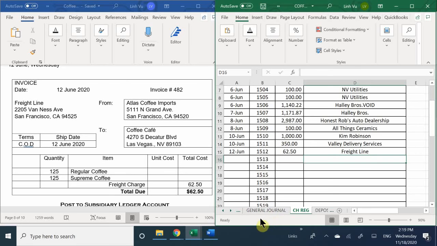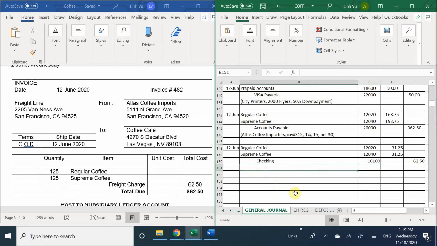Okay, now that I wrote my check out, I'm going to complete my journal by filling in the person I wrote the check out to, so Freight line. Is there an invoice number on this? There is, and it is number 482. Good.